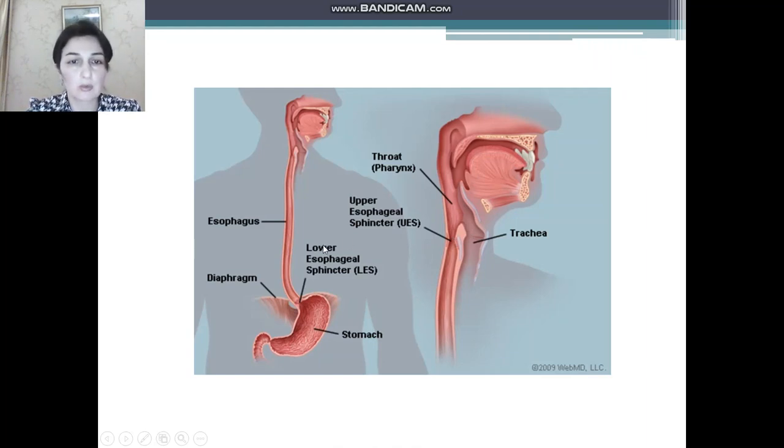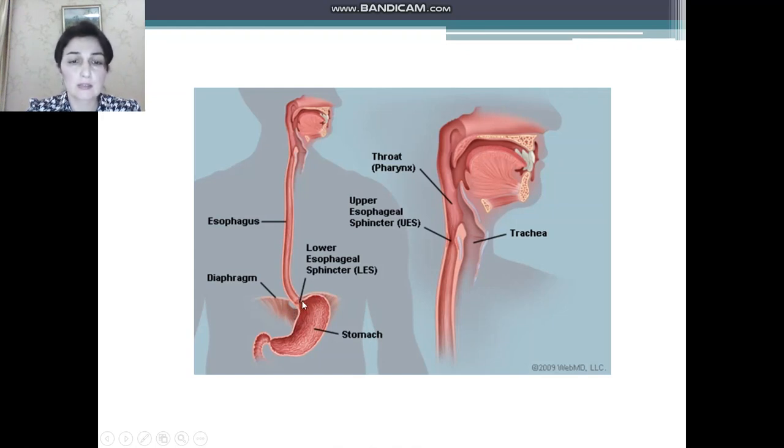Also, I want you to know that the esophagus has no anatomical sphincters, but it has two functional, physiological sphincters. First, the upper esophageal sphincter, where the pharynx continues into the esophagus, and the other one, the lower sphincter, composed of smooth muscle tissue that surrounds the orifice of the esophagus where it pierces the diaphragm and enters the stomach. It also has an external sphincter, the muscles of the diaphragm, which surround the esophagus externally.